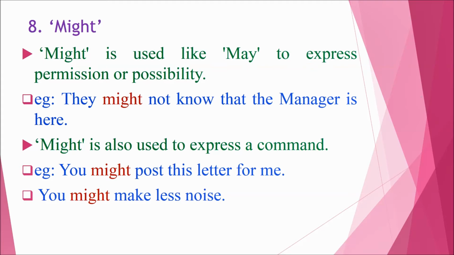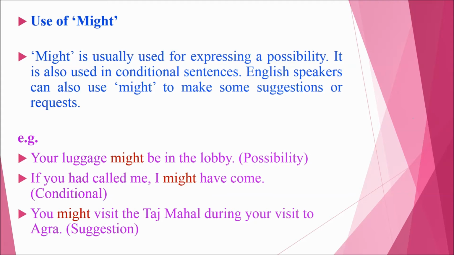Next, we are going to see use of might. Might is usually used for expressing a possibility. It is also used in conditional sentences. Here, conditional refers to if clause. English speakers can also use might to make some suggestions or requests. Example sentences are Your luggage might be in the lobby.